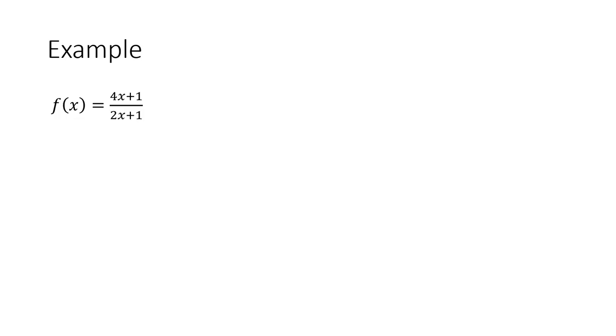So that's fully factored. 2x plus 1 is fully factored as well. So first thing we can do is look for our asymptotes. Nothing cancels out. That means there's no holes in the graph because nothing cancels.